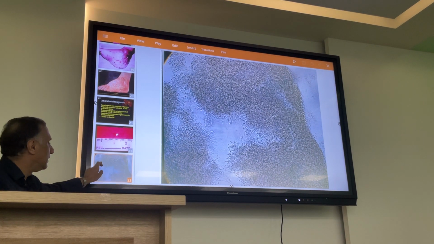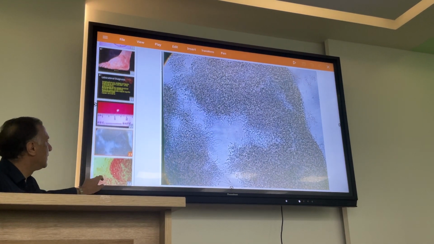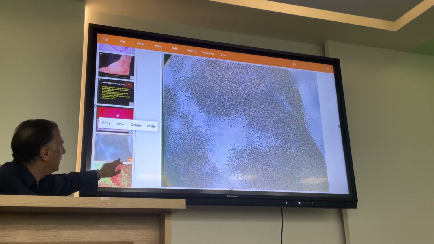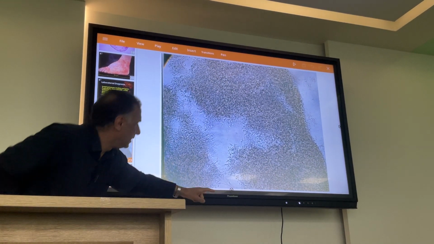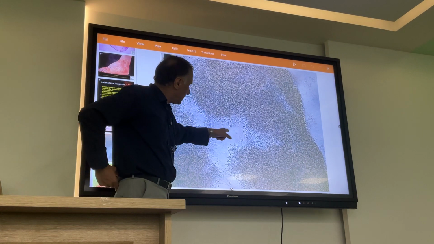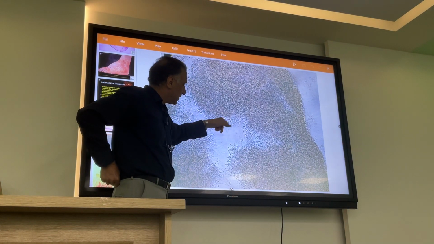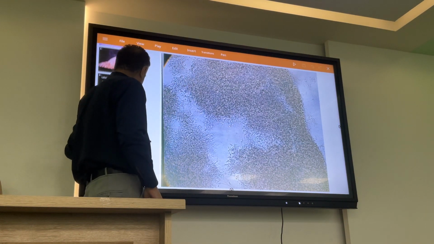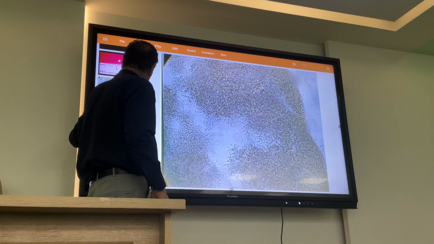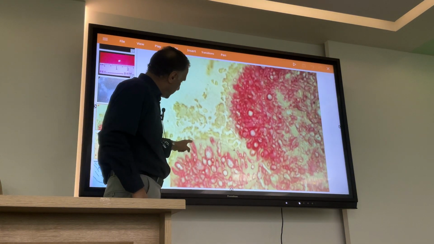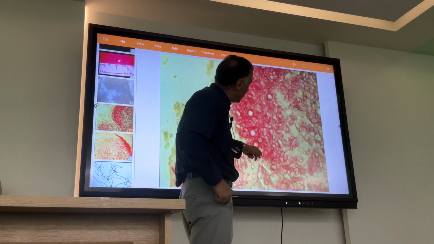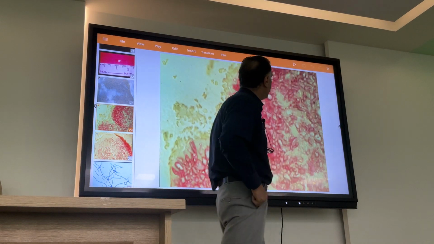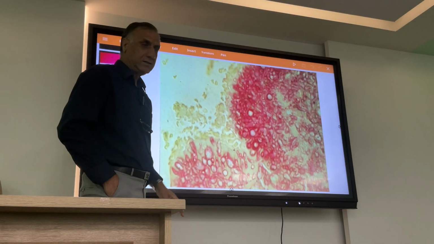And this is in the picture, this is mycelium in the granule. And in the histopathological slide, this is mycelium, this is mycelium, this is mycelium, and the diagnosis is eumycotic.